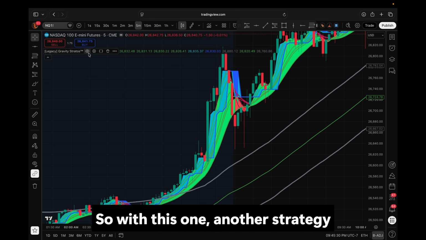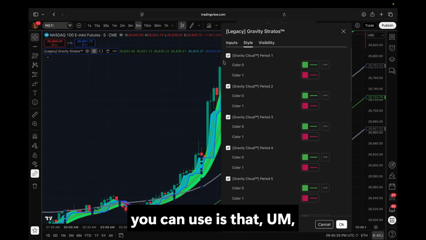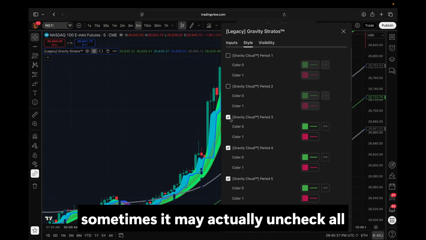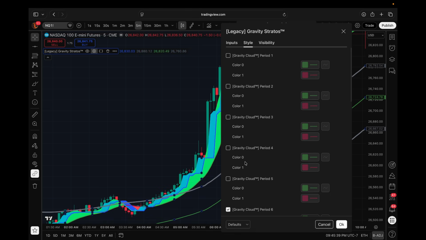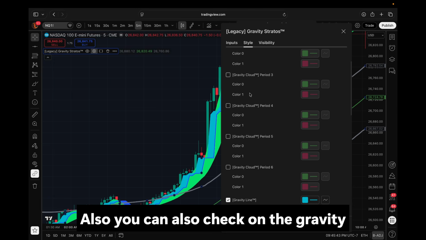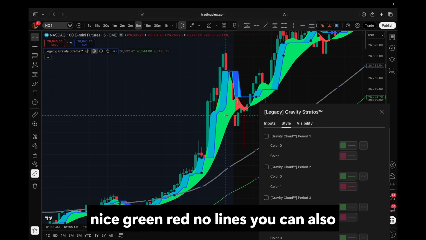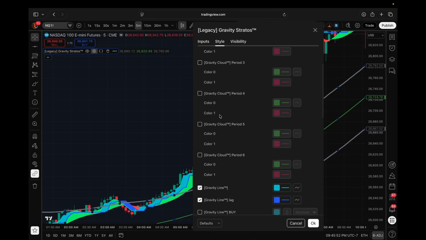So with this one, another strategy you can use is that sometimes I may uncheck all these. Also, you can check on the Gravity Cloud PID 1 to 6 if you want to show nice green with no lines. You can also do that method as well.